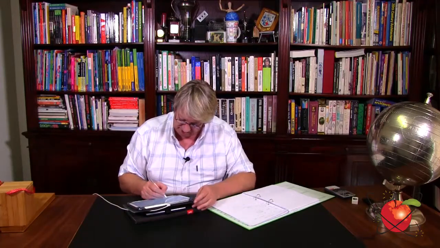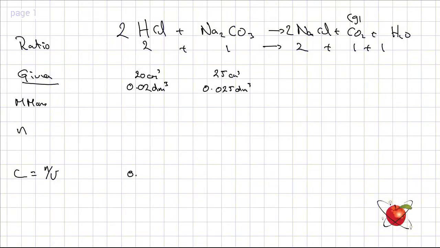So we know that that is 0.25 moles per cubic decimeter. Now we can see, glaringly obvious, the most information is on the HCl line, isn't it? So let us proceed with that. Always use the most information we've got and move forward with that.